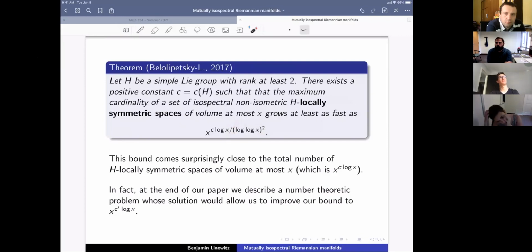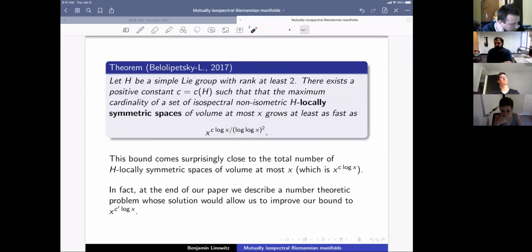We need a sequence of number fields where the degree goes to infinity, the root discriminant is uniformly bounded, and there is a prime that is very close to being inert in all of the different fields.